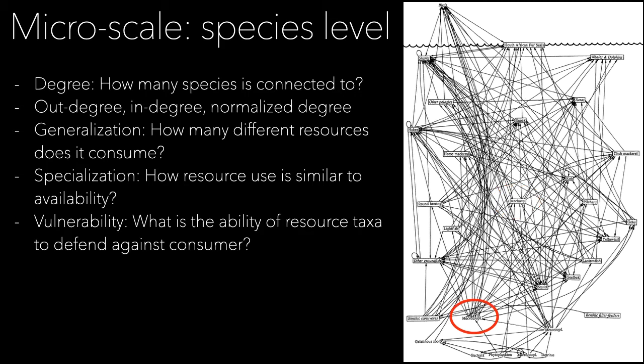Another important property of a species is its vulnerability. It answers the question, what is the ability of resource taxa to defend against consumers? You can imagine that this is also very important for policymakers and for applied questions, because if our target species that we want to conserve is quite vulnerable, then we have to pay more attention than for a less vulnerable species.